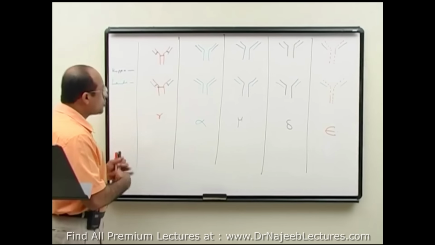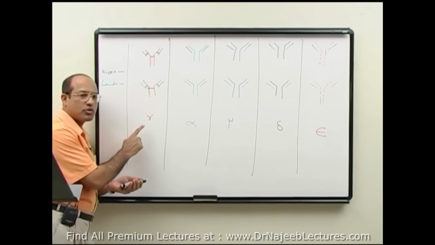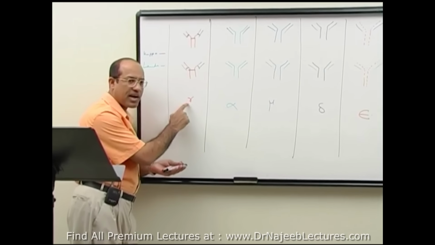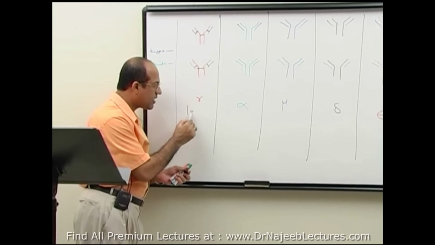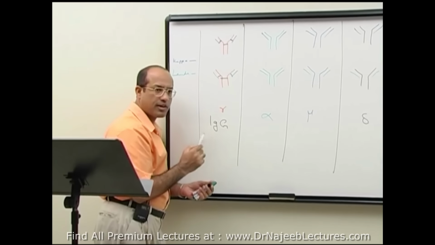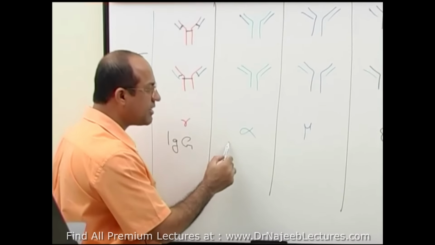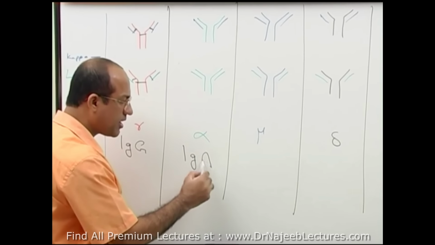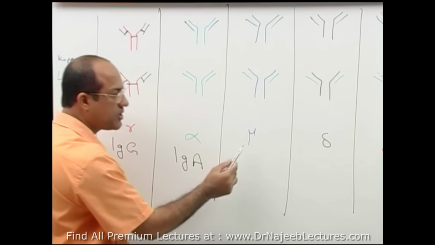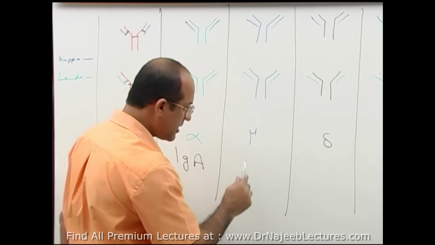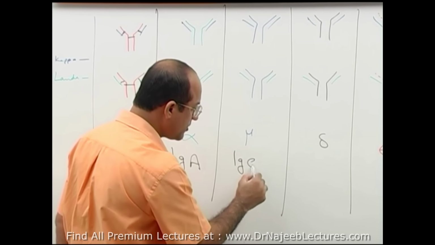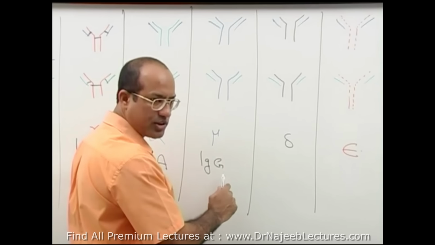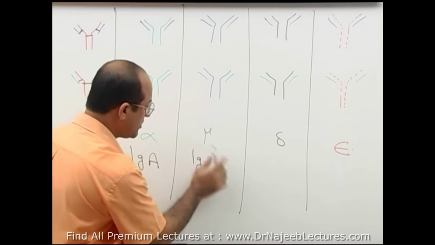Now, those immunoglobulins which have gamma heavy chain, they are called IgG. Those immunoglobulins which have alpha heavy chain, they are called IgA. And those immunoglobulins which have mu heavy chain, they are called IgM, immunoglobulin M. Sorry, this is mu.